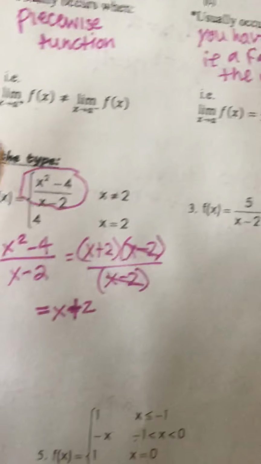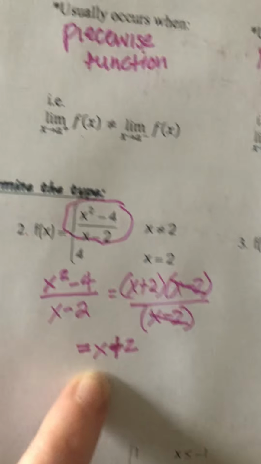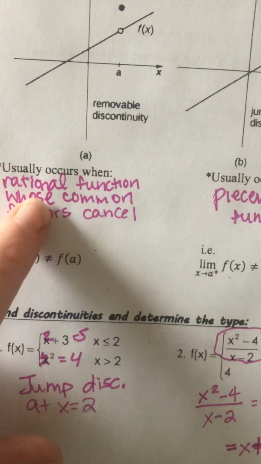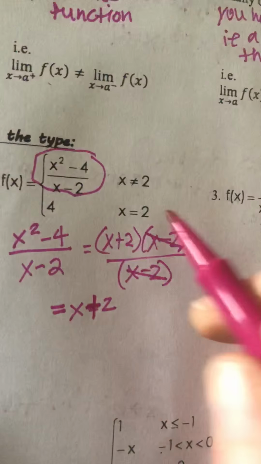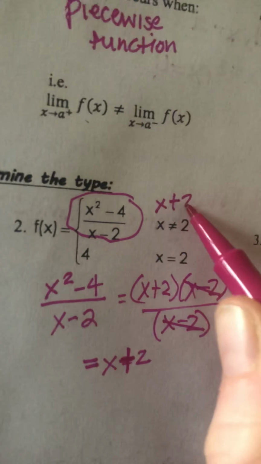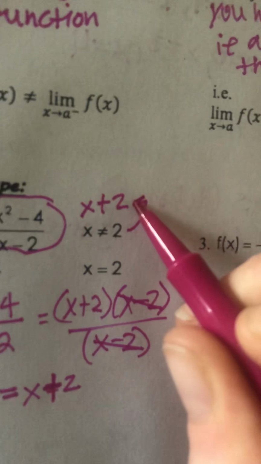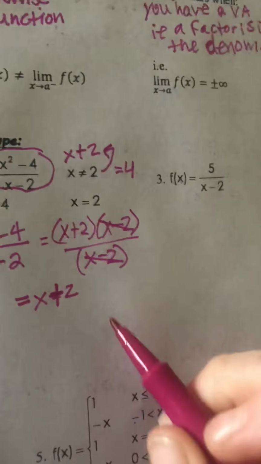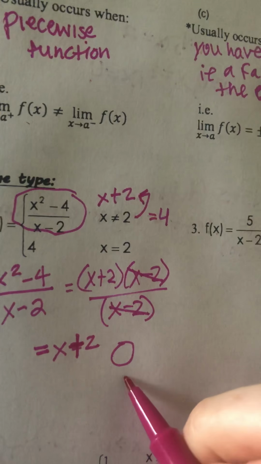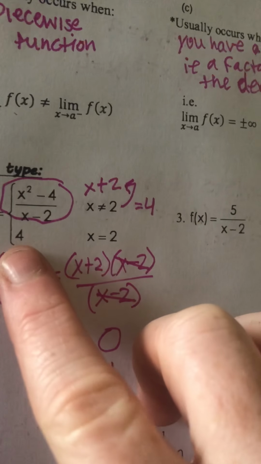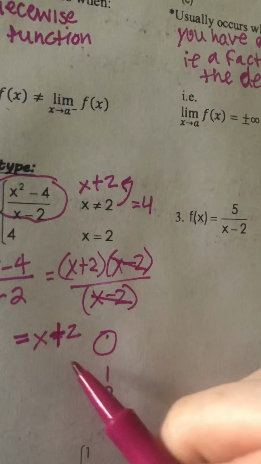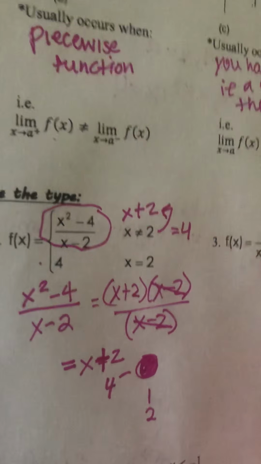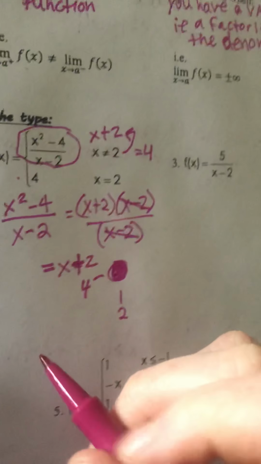If we were to plug this in and not get the same value, that would look like one of the removable discontinuities because we had a common factor cancel. So this would simplify to x plus 2. I'm plugging in 2, you're going to get 4. Okay, and then it tells me that this actually is a hole at x equals 2. But when we put in this other chunk of the piecewise function at 4, it fills that hole in. So since these are the same, this is completely continuous.